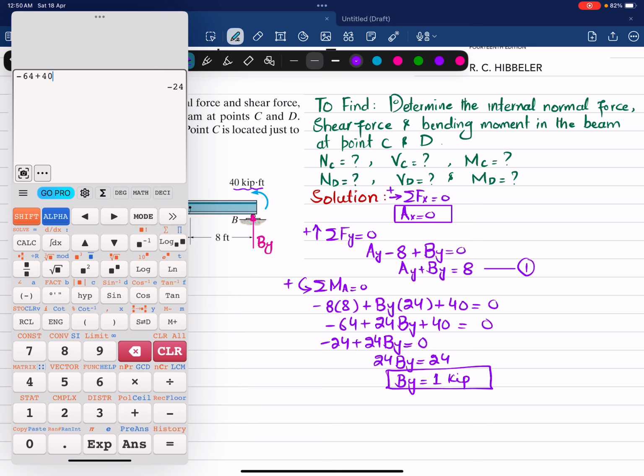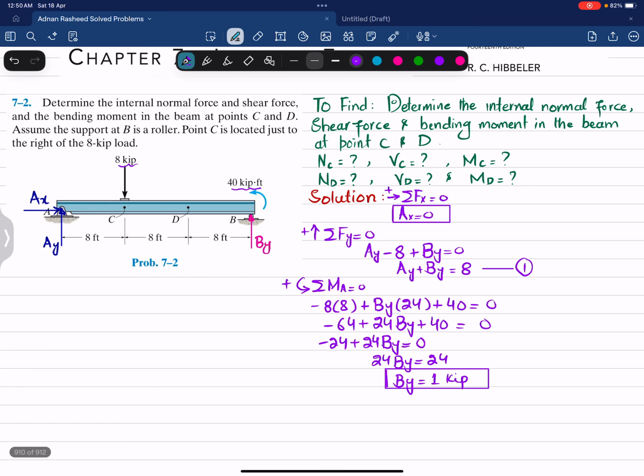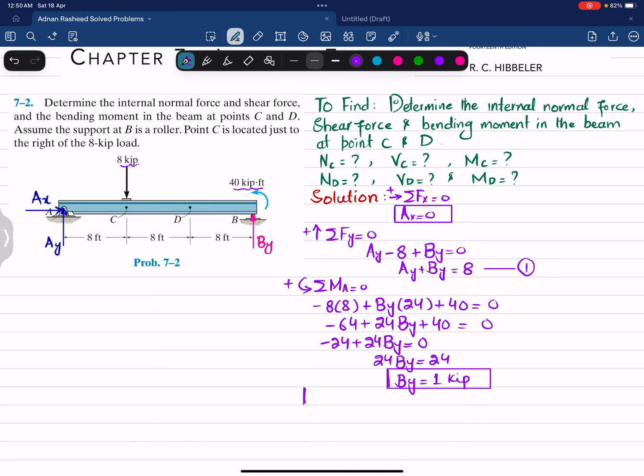So we have found this BY, and the last thing is that if you want to find AY, put BY equal to 1 kip in equation 1. So AY will be equal to 8 minus BY, and 8 minus 1 will be equal to 7 kip.